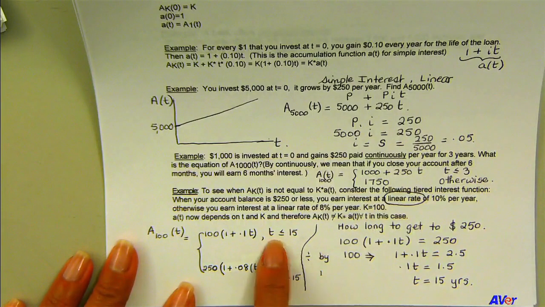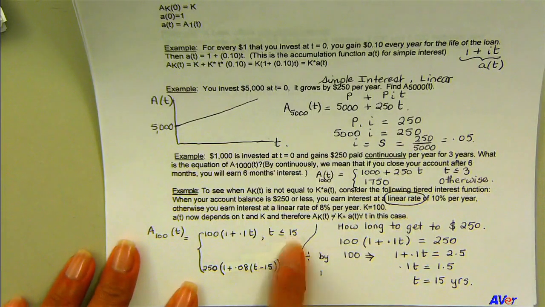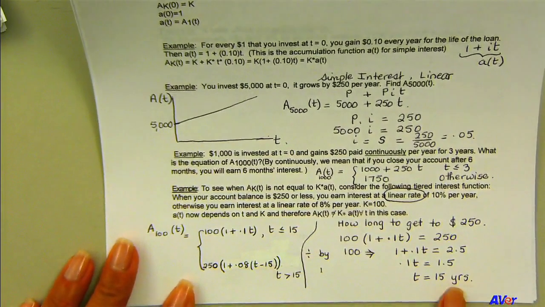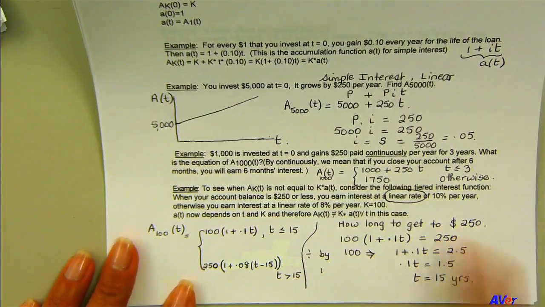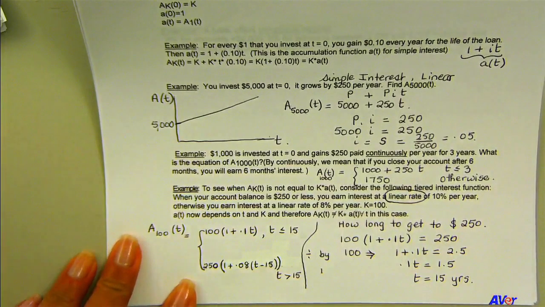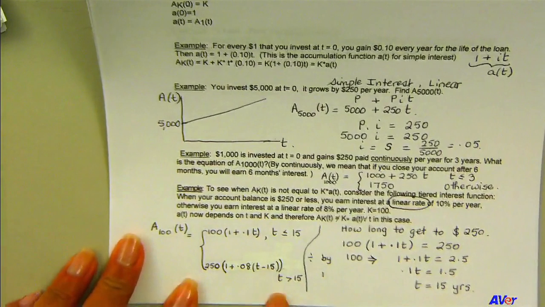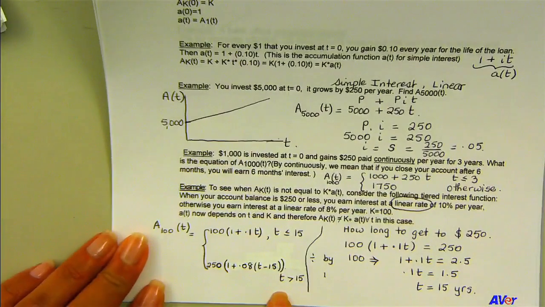That applied for t less than or equal to 15 because I figured out that it takes 15 years to get to 250. And then I'm assuming that you're going to take the 250 and reopen a new account.